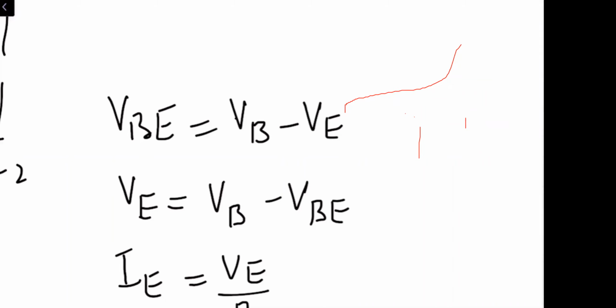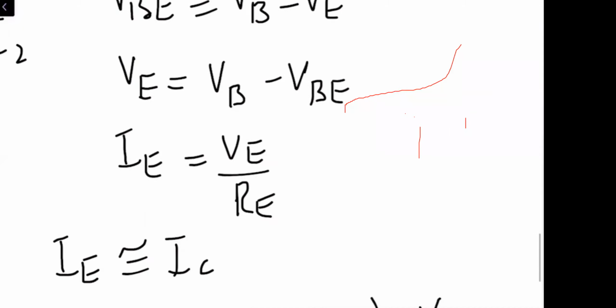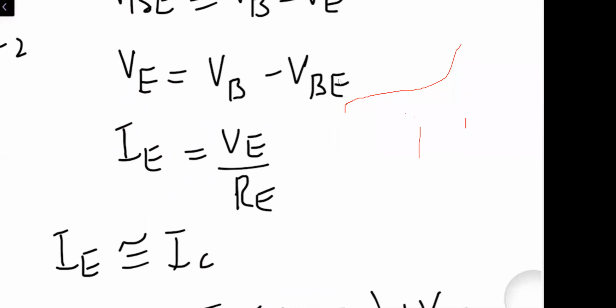So therefore, if we want to find the voltage at the emitter, it will be equal to VB minus VBE, right? And once we have this, we can find IE, which is equal to VE divided by RE.